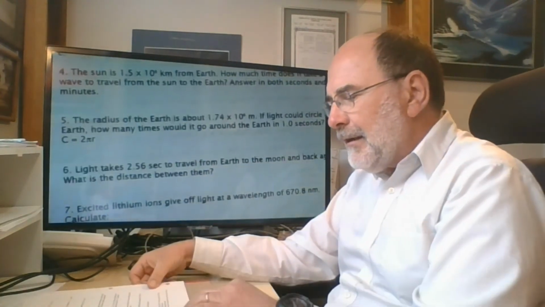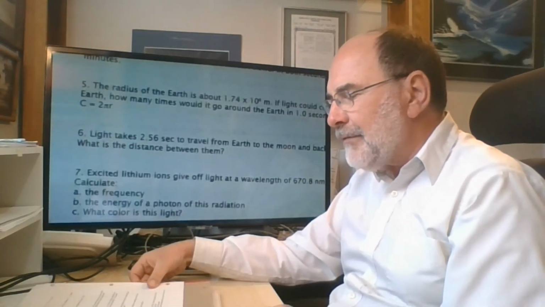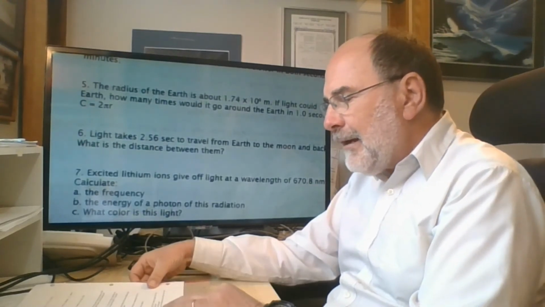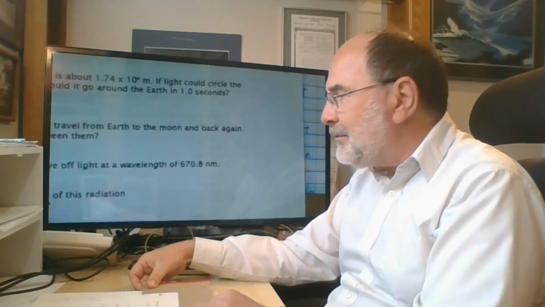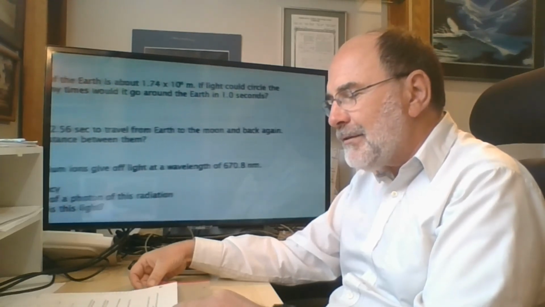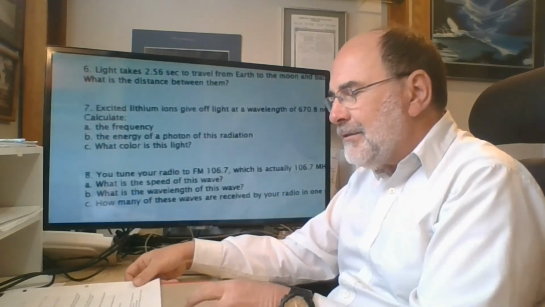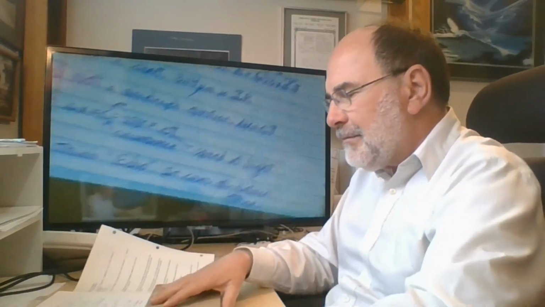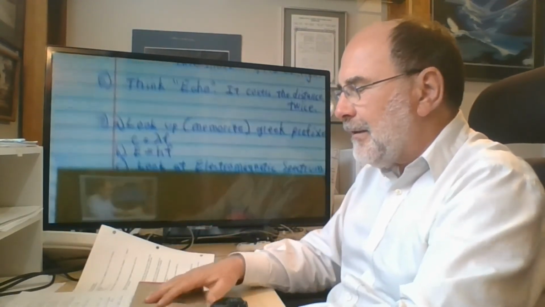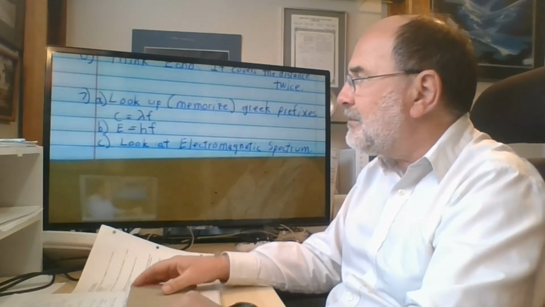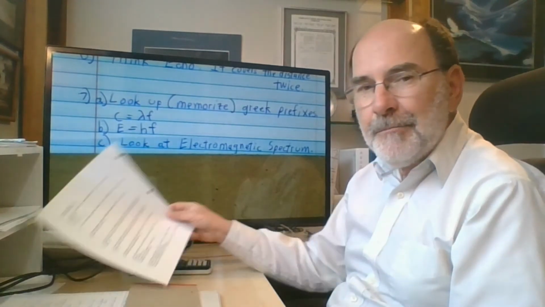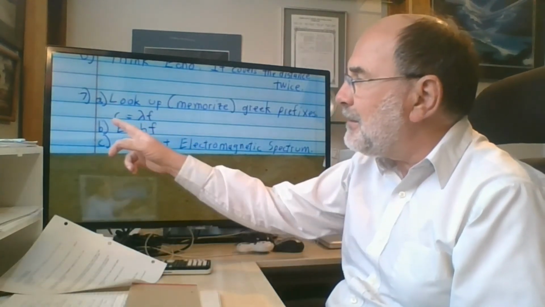Number 7, excited lithium ions give off light. So again, it's an electromagnetic question, and it's given to you in nanometers. You better learn your Greek prefixes. Calculate the frequency, energy, and what color is this light? Well, of course, that just means it's like all the other problems you've already had on the sheet. So you use the formula to calculate the relationship between wavelength and frequency for the speed of light.